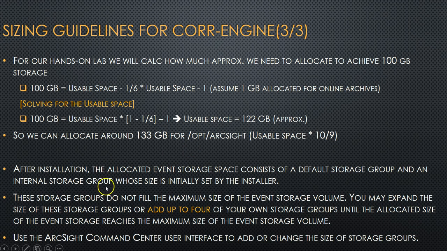After the installation, we will have one default storage group and one internal storage group. But actually, this can be modified. We can add up to four storage groups using the ArcSight Command Center, and utilize the usable space, dividing it according to our needs.